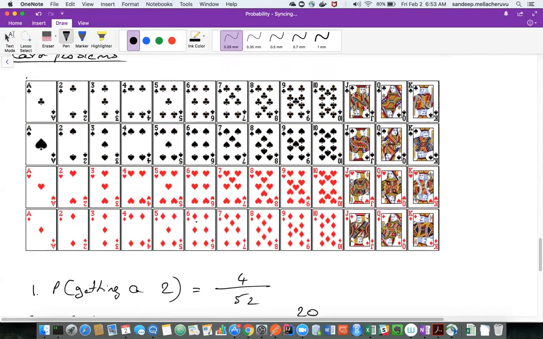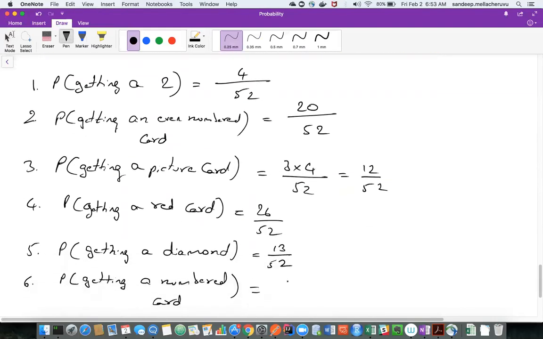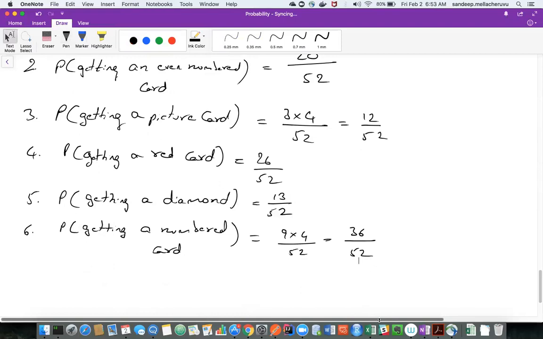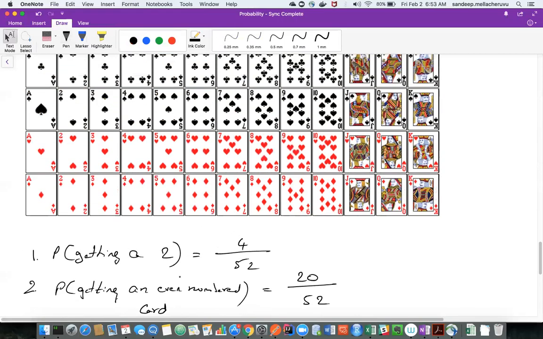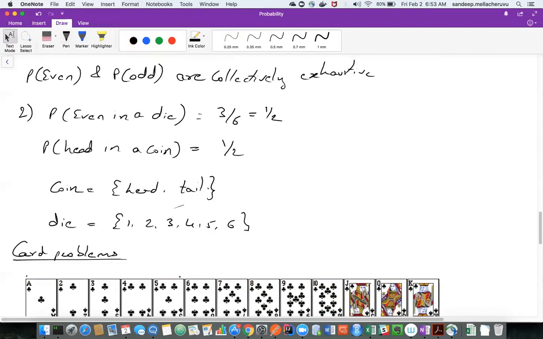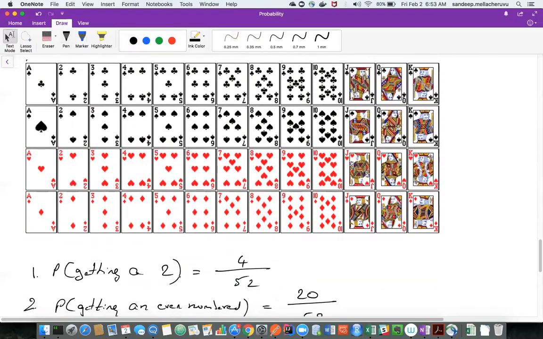The reason is every row has 9 cards which are numbered, and you have 4 such rows. So 9 into 4, 36. 9 into 4 by 52, which is nothing but 36 by 52. That's right. Thanks. So these are different ways of getting the probability for different card problems.